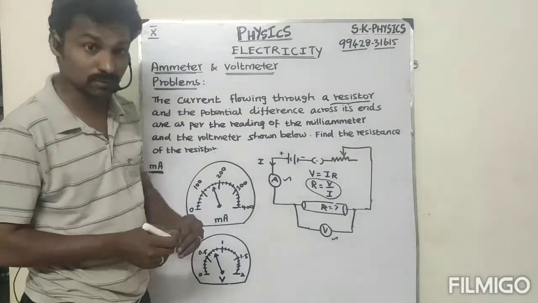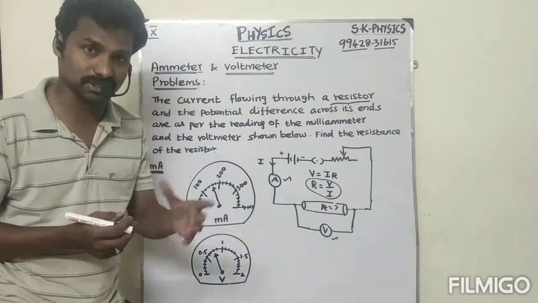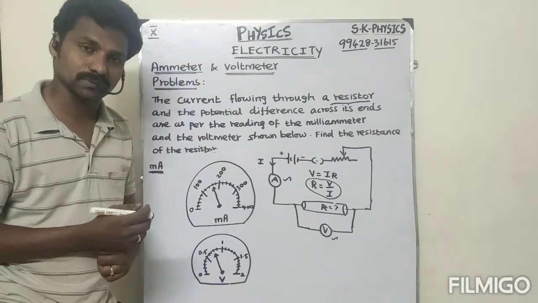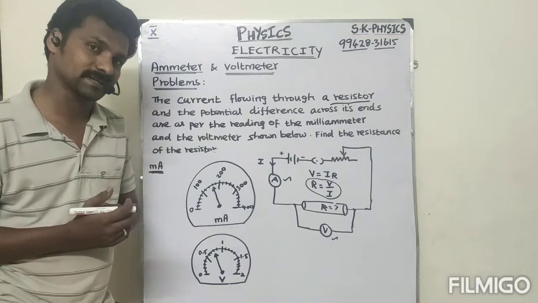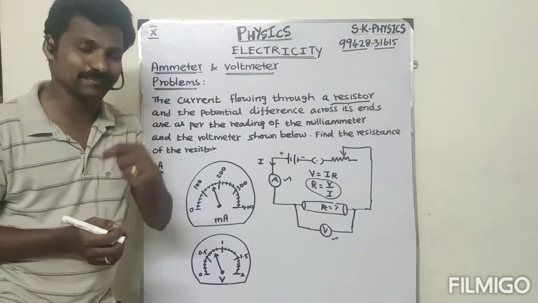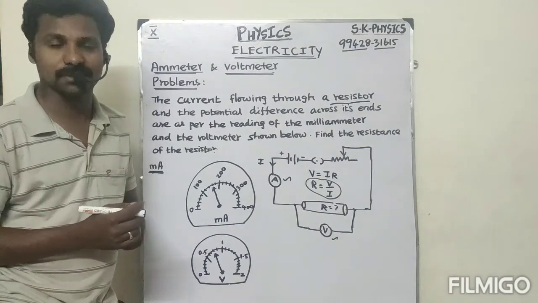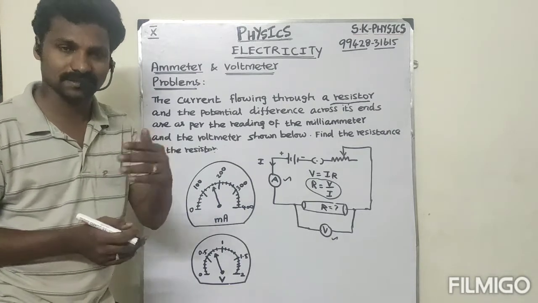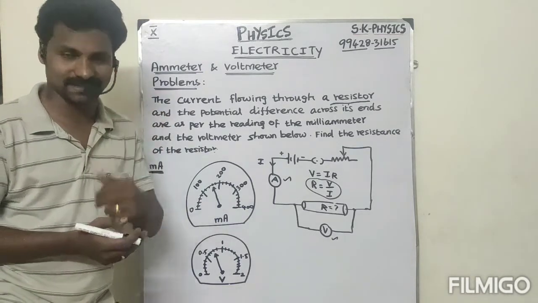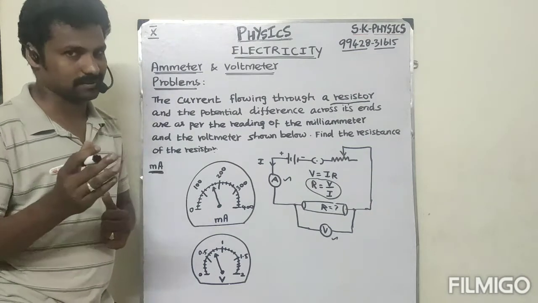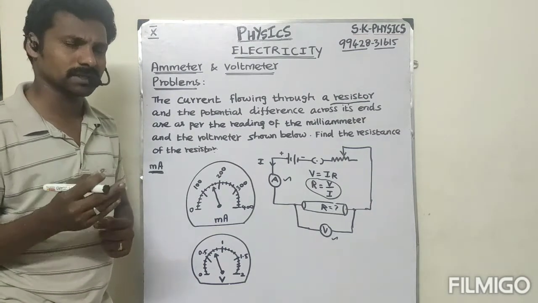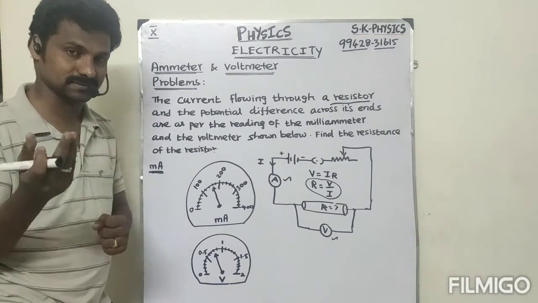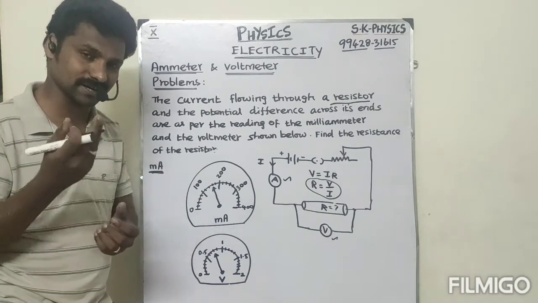Then for example, let us take one scale, a normal scale, which you use in the geometry box. What is the minimum reading of that scale? Yes, that is 1 millimeter. So that is the least count of the ruler or scale. Then the physical balance: what is its least count, the minimum value?